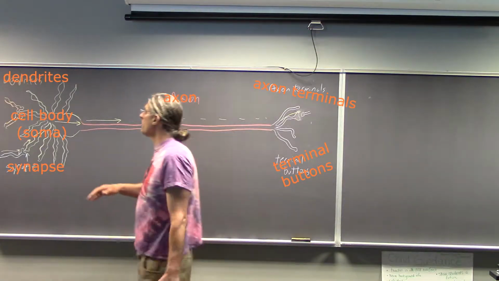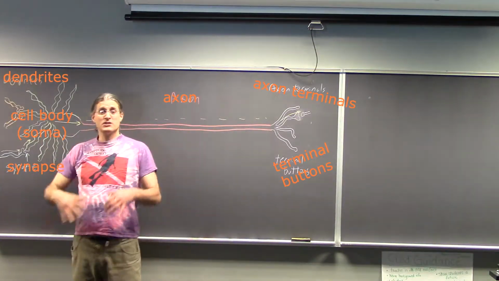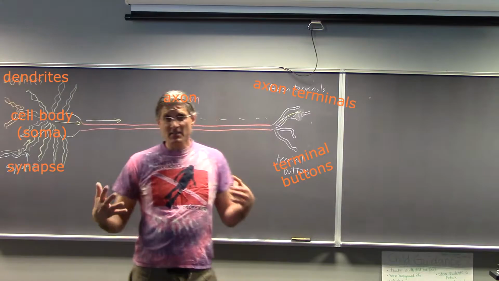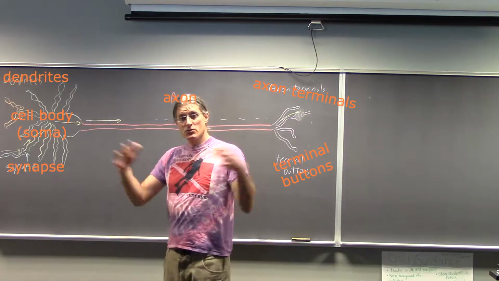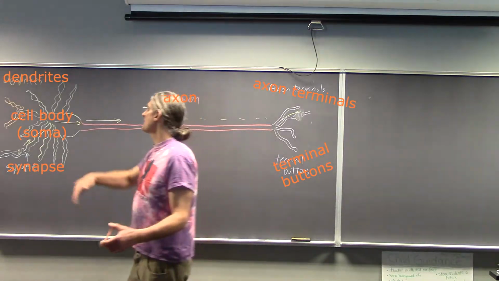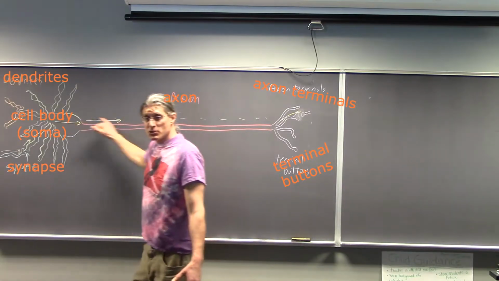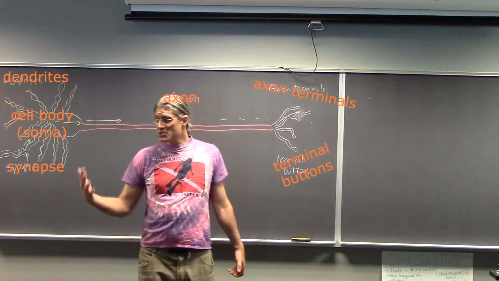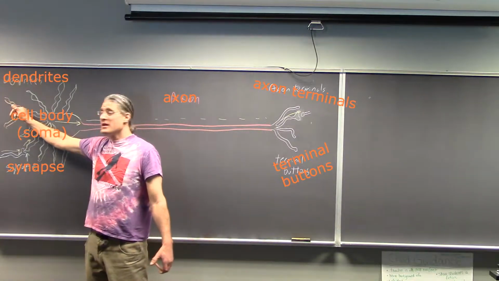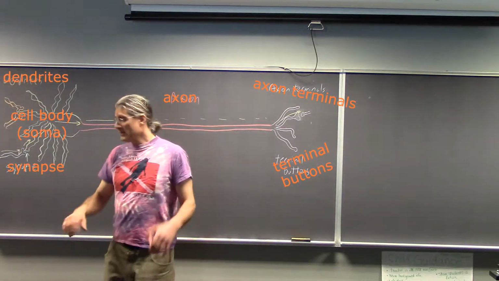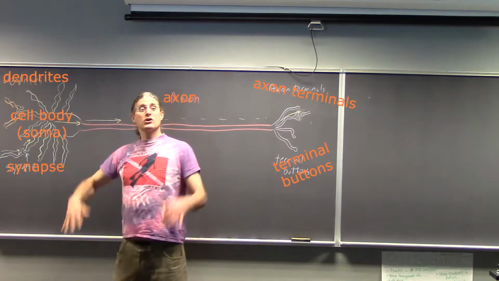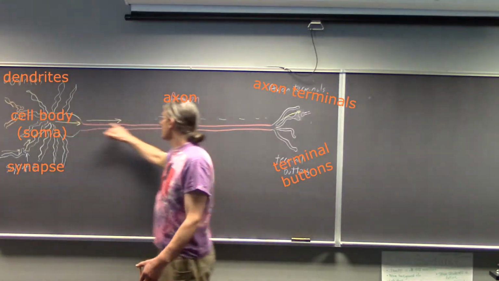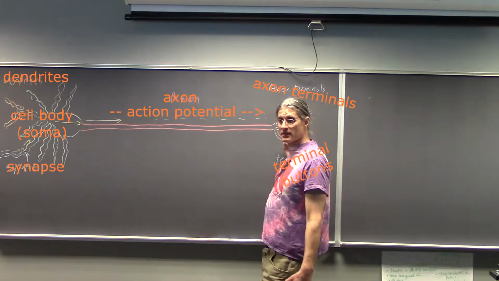And it's only once the level of depolarization, the extent of the signal that's being received, is great enough that suddenly the action potential is tripped. It's called a threshold potential. You have to cause enough changes in the membrane here that suddenly this neuron gets turned on and it propagates a signal down to this end.